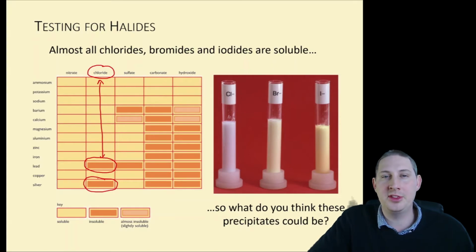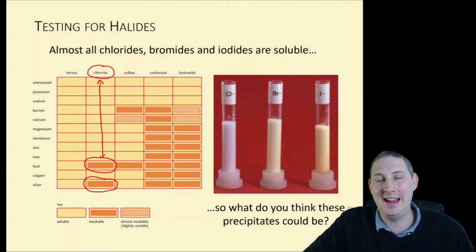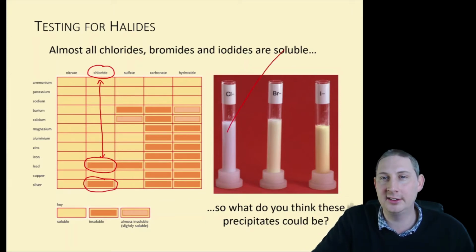Now, thinking carefully about what we're going to allow you to do in a lab, what do you think these precipitates might be? Well, we're clearly not going to let you use lead in a chemistry laboratory, so they must be silver halides. So this must be silver chloride.